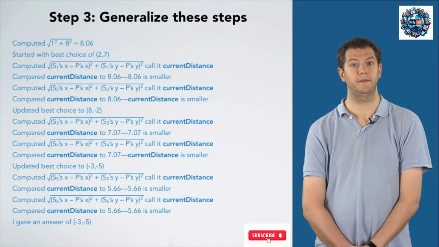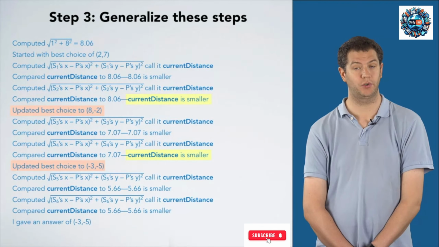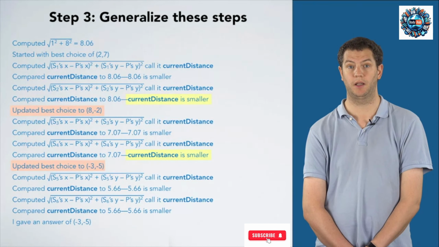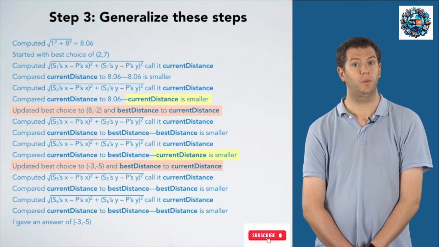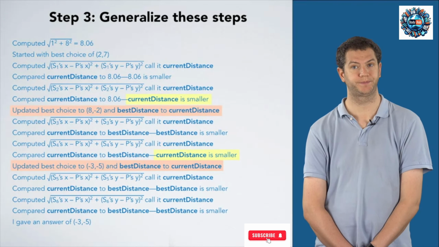Here, we've replaced the value for each computation with current distance. Notice that the only times we update the best choice are when current distance is smaller. That means we must have been keeping track of the best distance so far, which we now need to update as well. Now, we update the best distance when the current distance is smaller, and we can use the value of best distance for comparison with future computations.